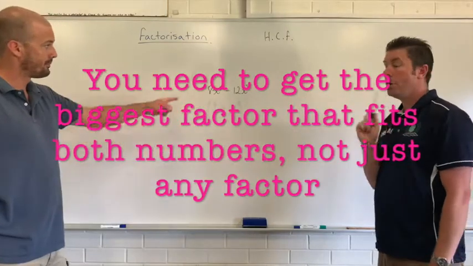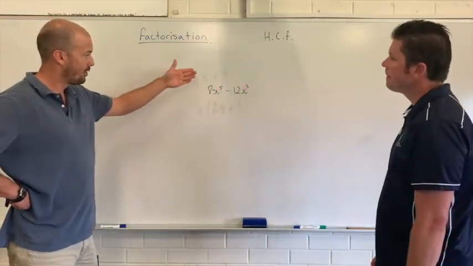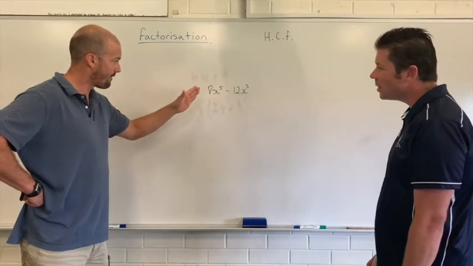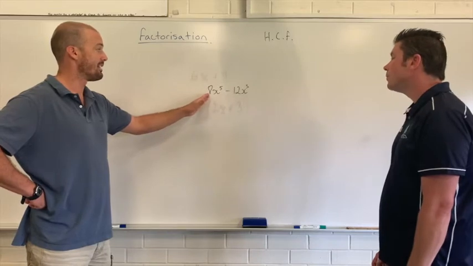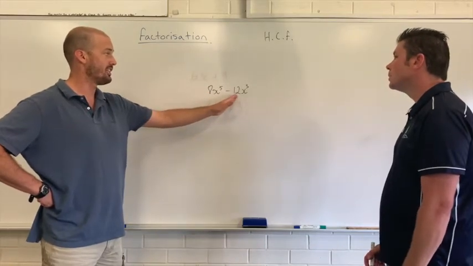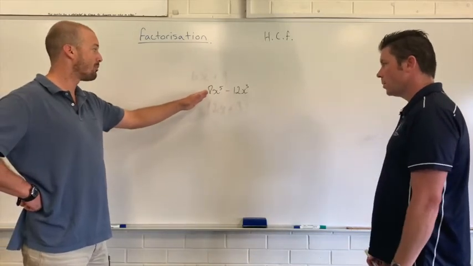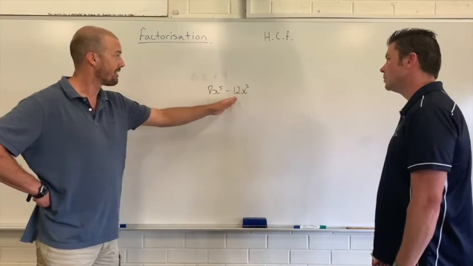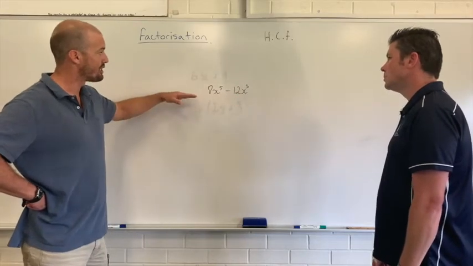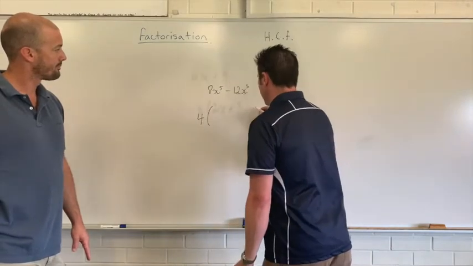No. Thinking of my 8 times table and my 12s: 4 times 2 is 8, and 4 times 3 is 12. Yes, that's good. 8 times 1 is 8, but 8 doesn't go into 12, so 4 is the biggest number we can have. The big guy goes out here, and then some brackets.